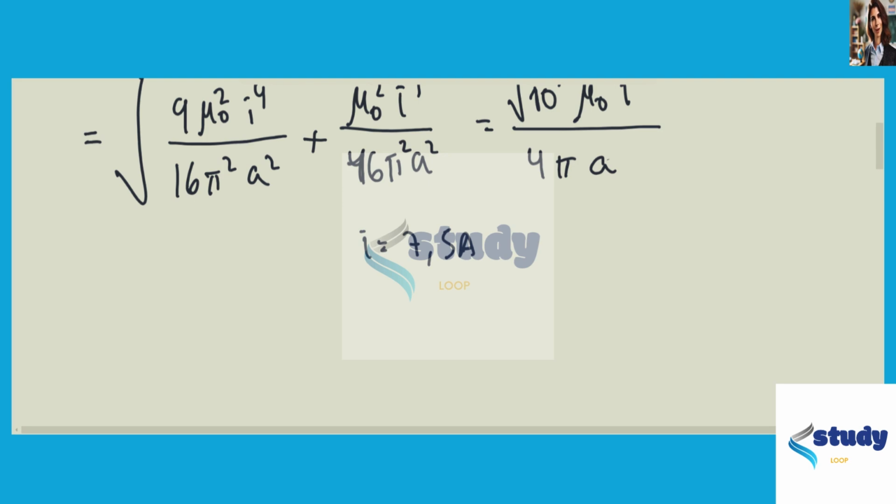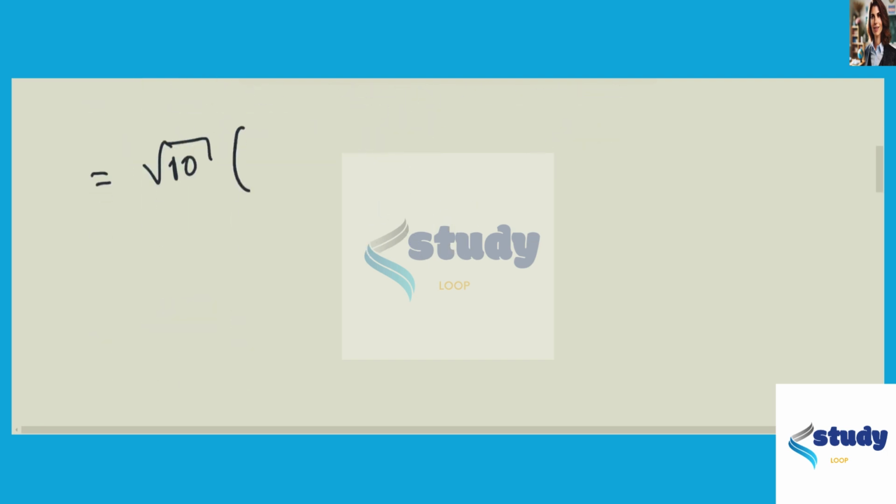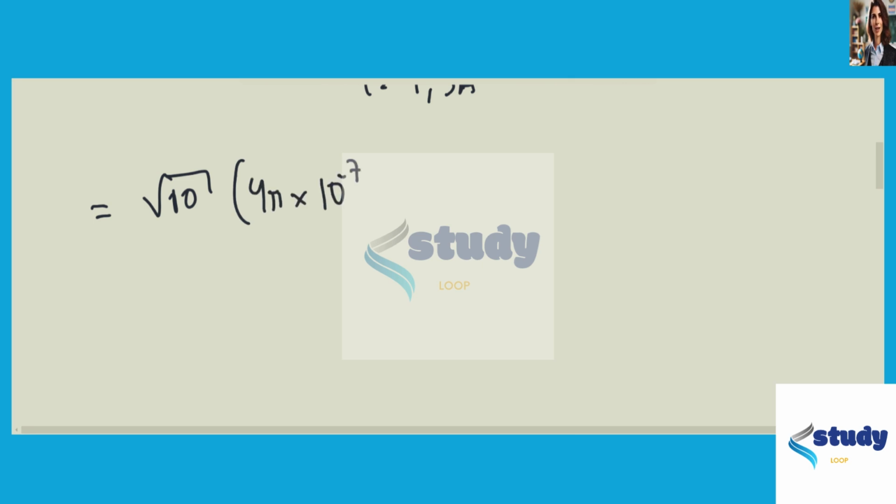And yeah, putting those values, we know that mu sub 0 is 4 pi times 10 to the minus 7 Tesla meter per ampere, and the current is 7.5 amperes.